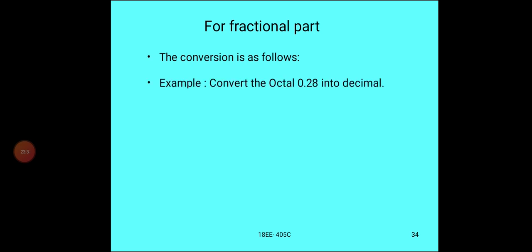Example, convert the octal 0.28 into decimal. 2 times 8 to the power of minus 1, plus 8 times 8 to the power of minus 2.